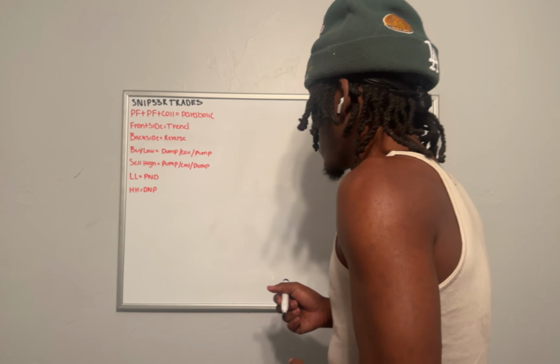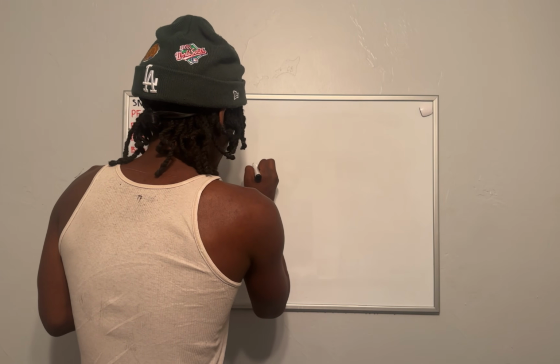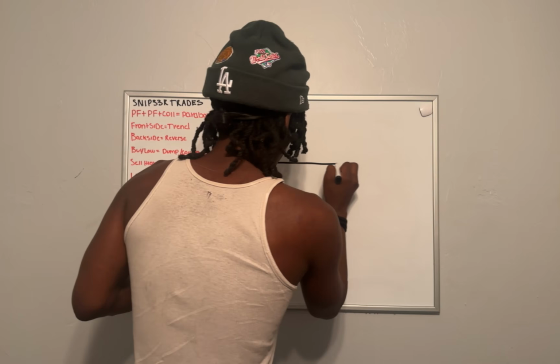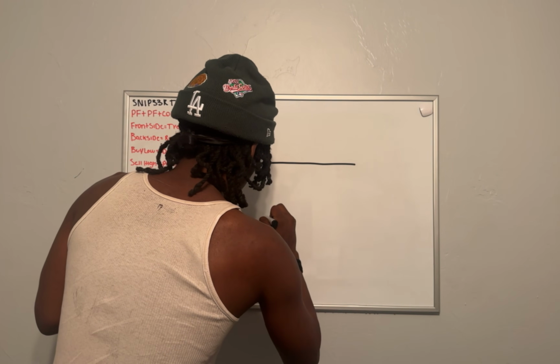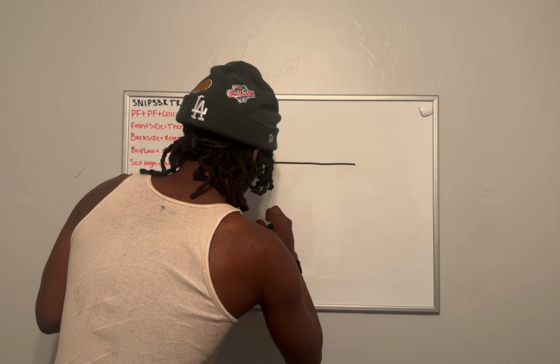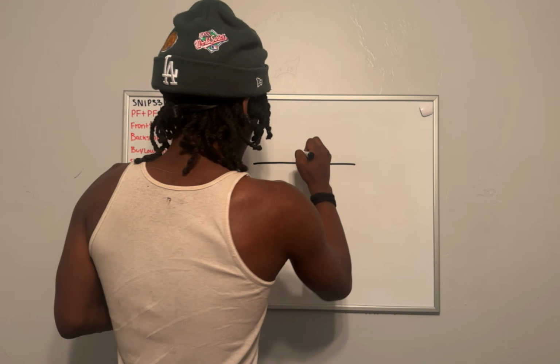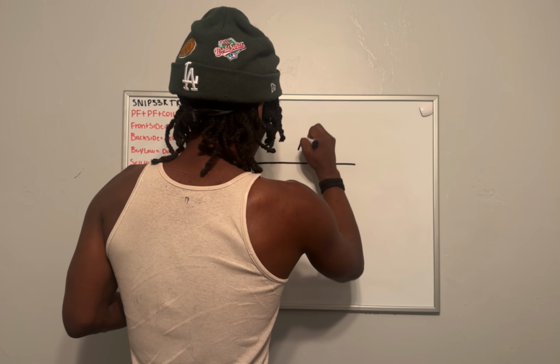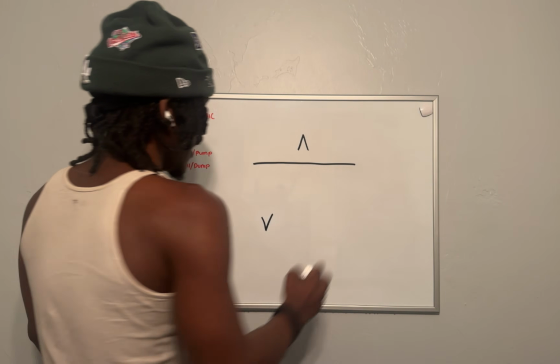So let's say this is the previous day's high, and we get a P formation low in Asia, a P formation high in London that breaks the previous day's high.